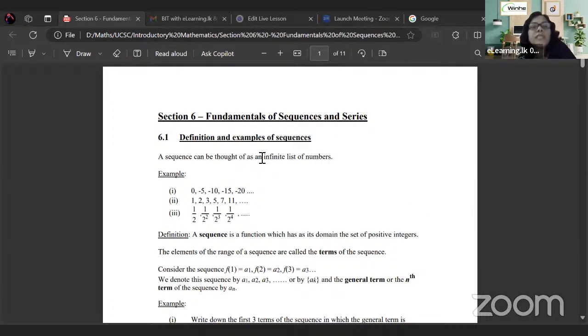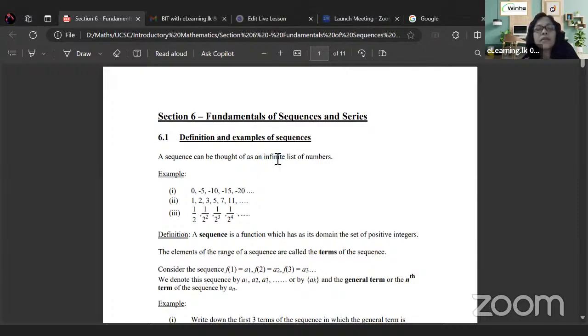What is meant by a sequence? We normally say a sequence is an infinite list of numbers. So what does an infinite list of numbers mean?